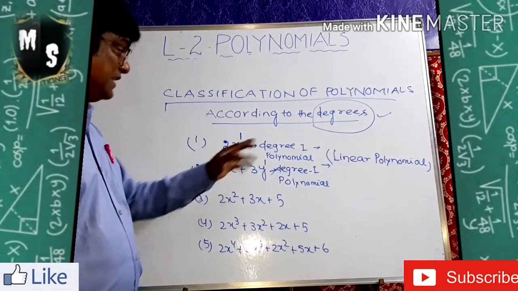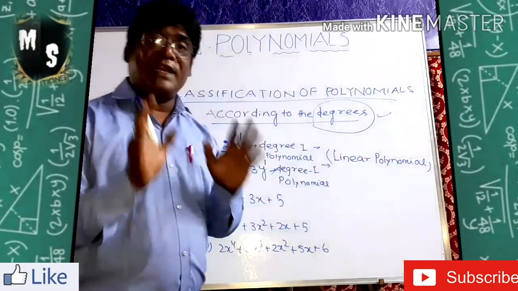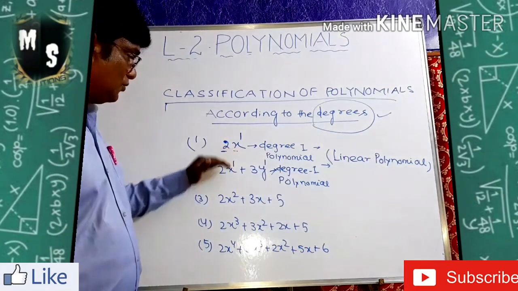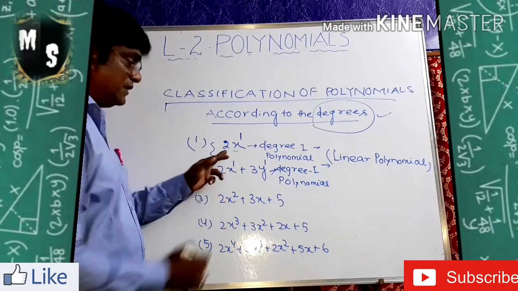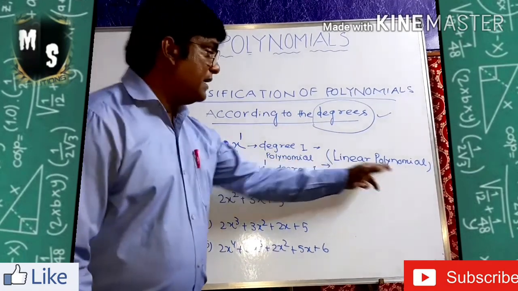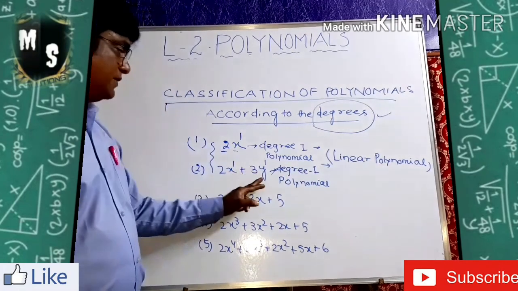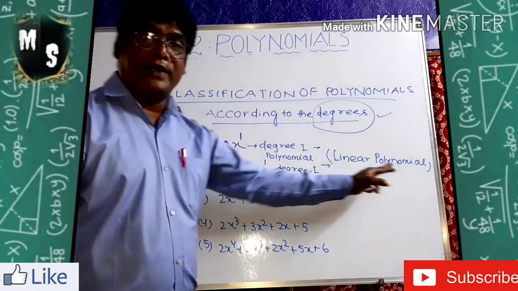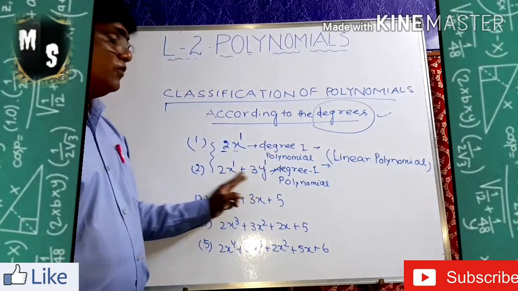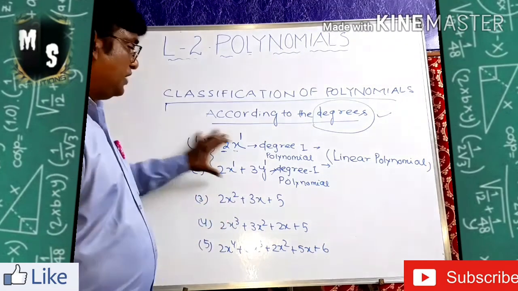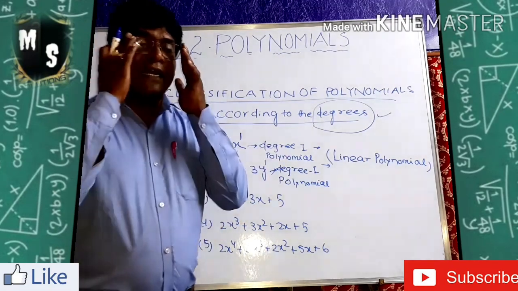These linear polynomials can be expressed in two ways. Look at the two ways: a linear polynomial in one variable and a linear polynomial in two variables. For these we can give an identification code.